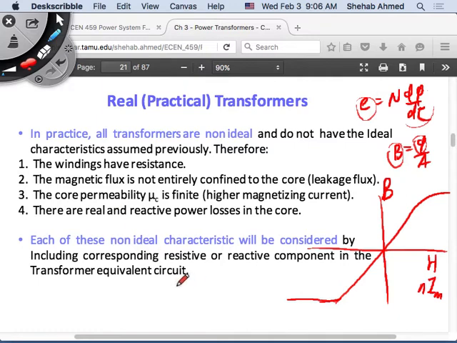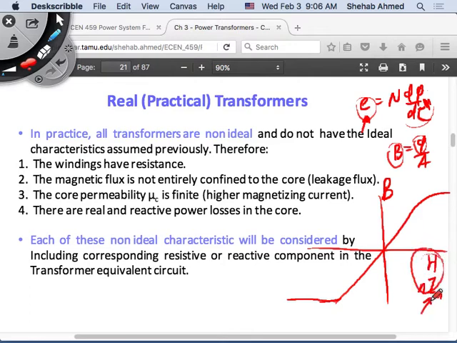I'm not taking care of the fact that, okay, E equals N d phi by dt. If this is a sine wave, then the voltage is a sine wave, right? But how about the current? The current is basically going to depend on what?